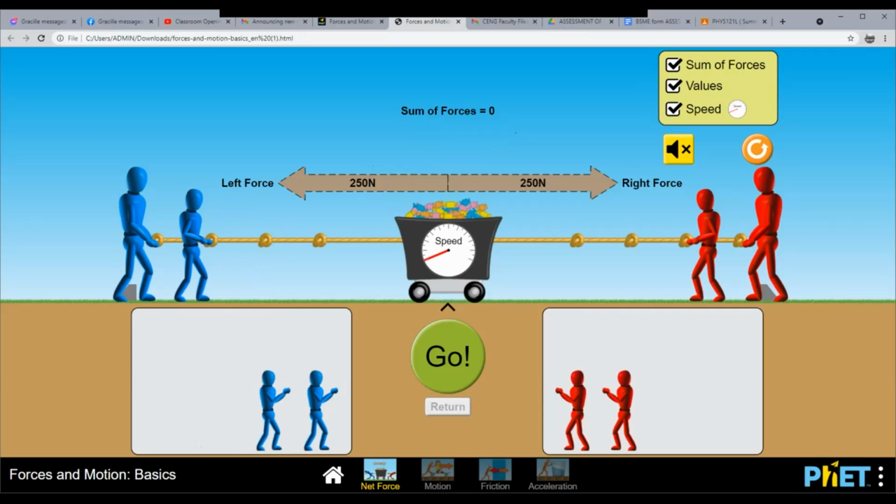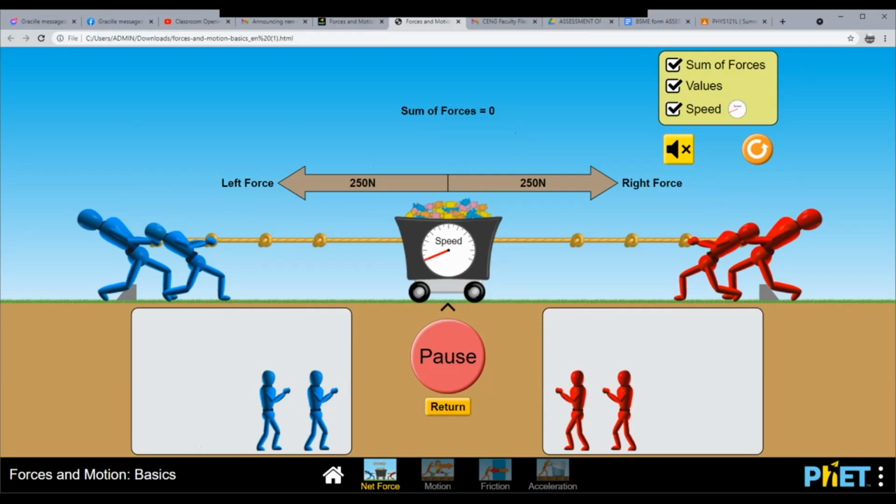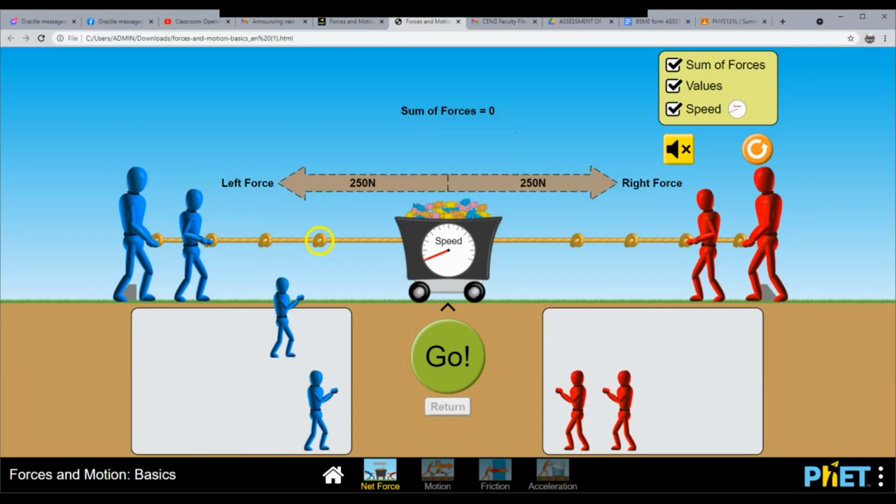Okay, so let us try this one. And that means there is no change in the positioning. What if we place this one with 50 Newton? What would happen? Pupunta po sa left.